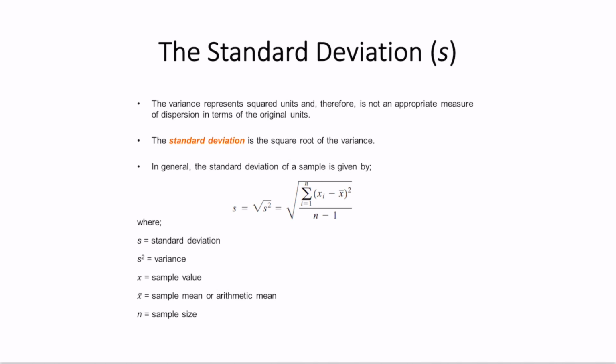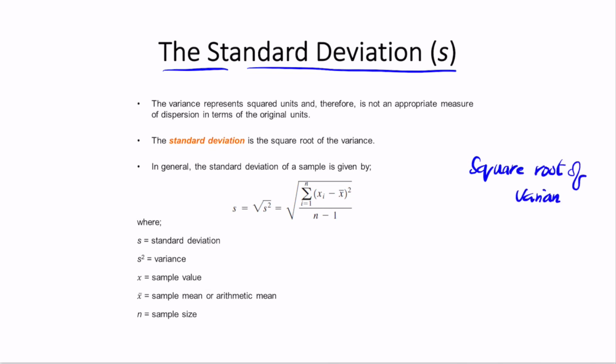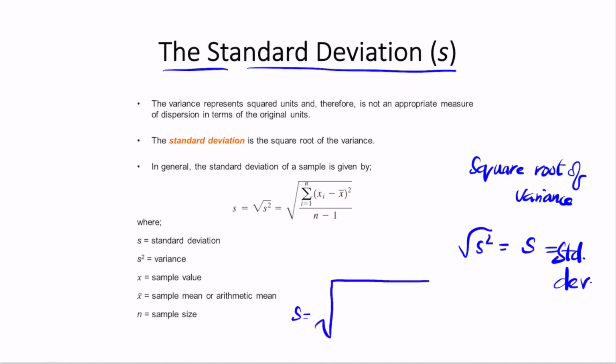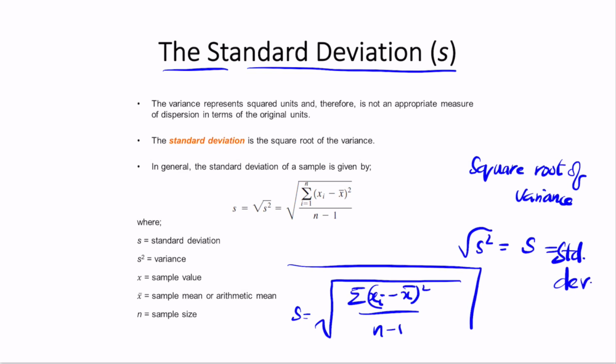Now, the next one is the standard deviation. The standard deviation is the square root of variance. Remember that the square root of S squared becomes S. So S represents the standard deviation. The formula becomes S is equal to the square root of sigma xi minus x bar squared by n minus 1. So this is the formula for the standard deviation.